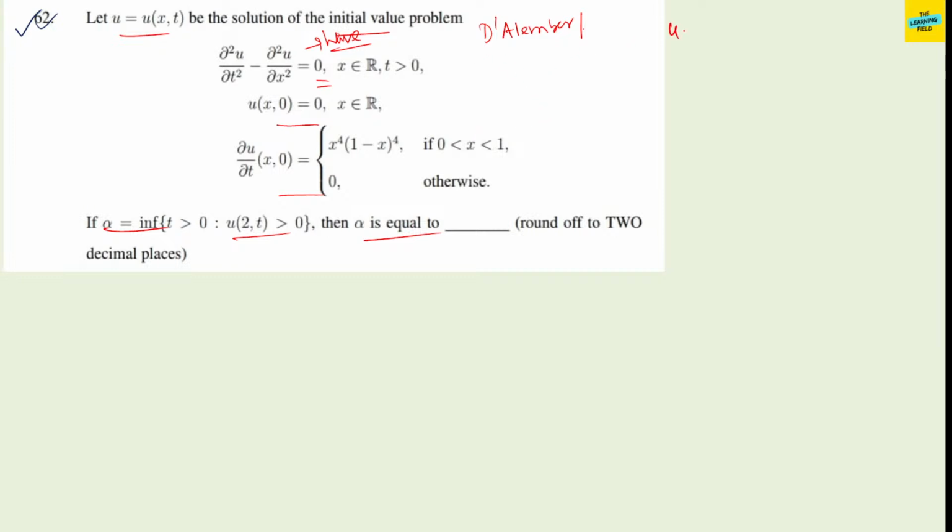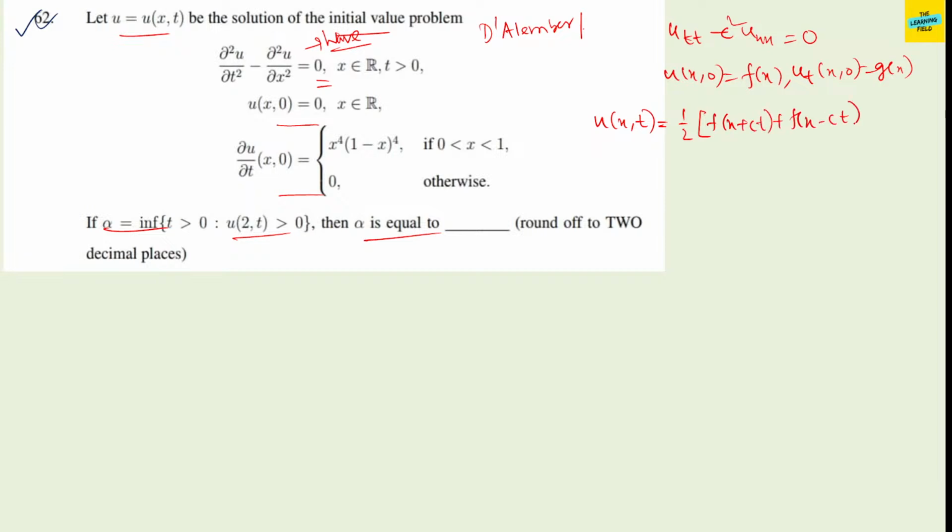If the equation is u_tt minus c squared u_xx equals 0, with u(x,0) equal to f(x) and u_t(x,0) equal to g(x), the homogeneous wave equation, the solution we all know is u(x,t) equals 1/2 times f(x+ct) plus f(x-ct), plus 1/(2c) times the integral from x-ct to x+ct of g(s) ds, with any other variable.